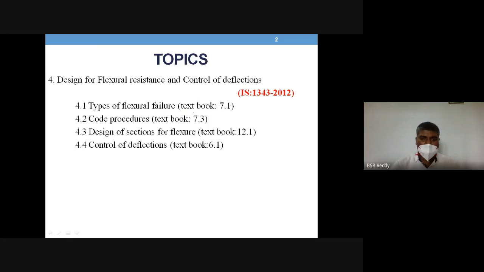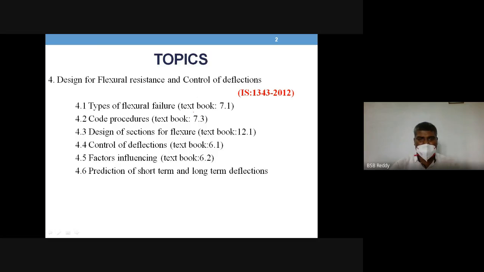We'll talk about control of deflections, which is available in chapter 6.1 of your textbook. Factors influencing the deflections are in 6.2, and then prediction of short-term and long-term deflections, that means calculating short-term deflections and long-term deflections.